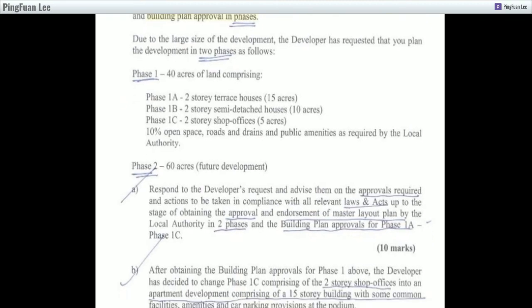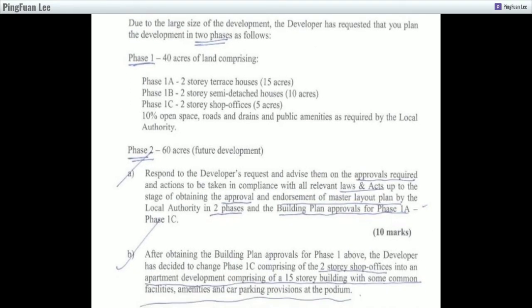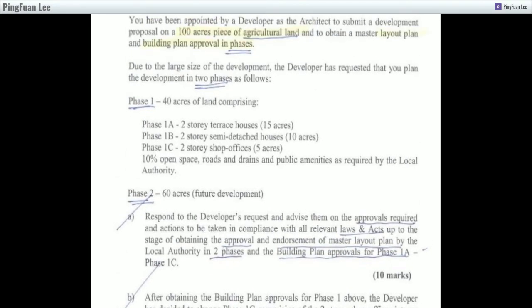So you get back 60 acres in one title, and then the rest of it will be subdivided accordingly to phase 1A, phase 1B, phase 1C, and then their individual components. Since it's terrace houses, semi-detached houses, and also shop offices, they'll have their own individual titles for each and every one of these units.